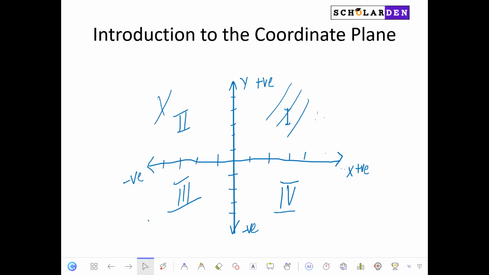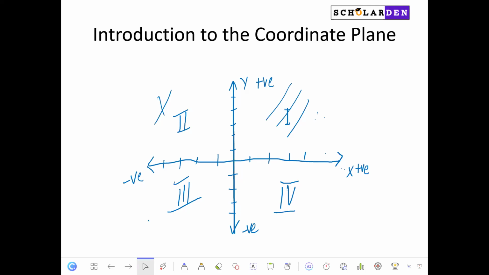Any point plotted in this quadrant is going to have negative values for both x and y. And the fourth quadrant is going to have negative values for the y-axis, but positive values along the x-axis, because it lies along the right side of the x-axis from the origin. Anything lying in the fourth quadrant has positive x and negative y values.